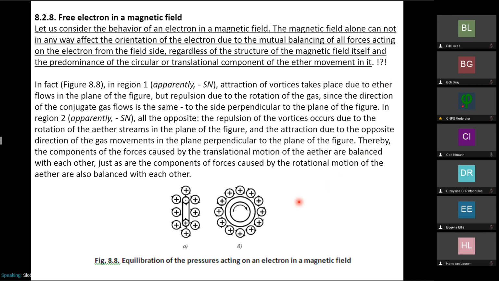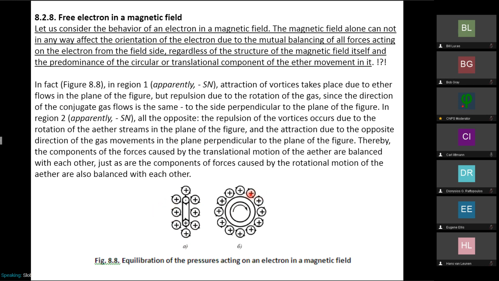When it comes to such kind of effect of equilibrium, we have an illustration here. You may be looking into this text in parallel. We have two aspects of view. Say here is a cross section through the plane of the equator, and this is a cross section through the plane of the meridians, from one pole to the other.